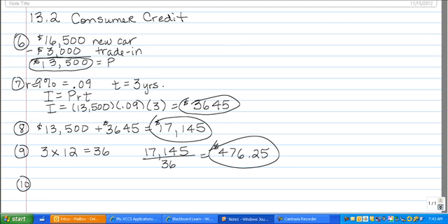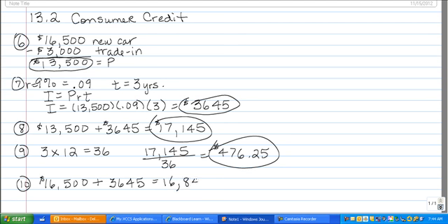Okay, find the total cost for your new car plus the interest. Notice I went back to the initial price, so I'm including that. So I want to take 16,500 plus the 3,645.